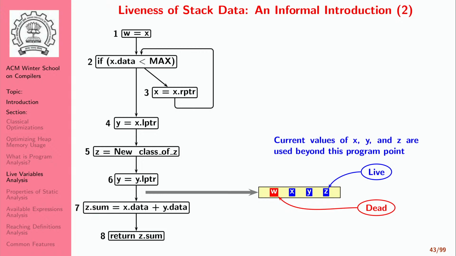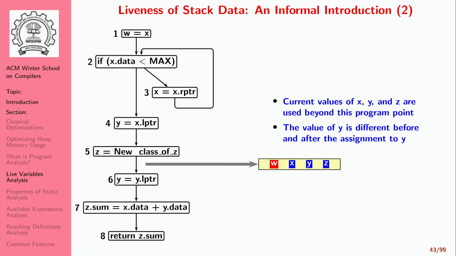Evaluation of the right hand side happens before we write into the left hand side. So if we write some garbage value in Y, we will not get the correct value in Y because this will be wrong. So therefore the liveness set remains X, Y, Z.